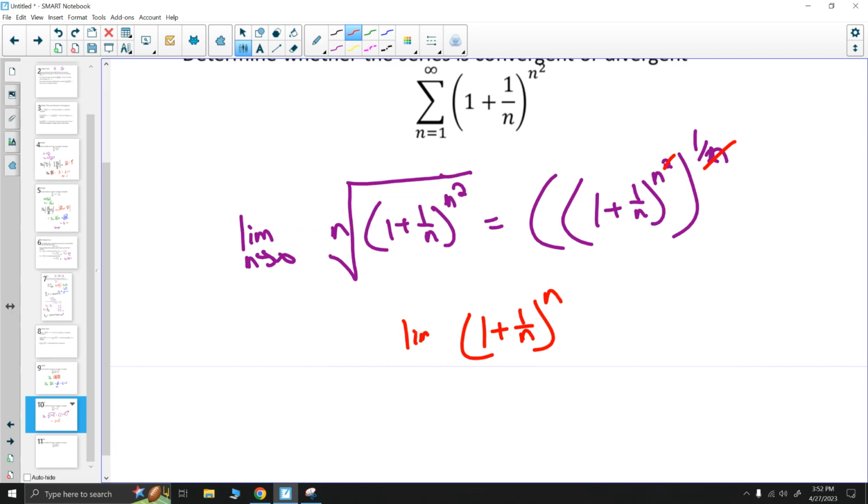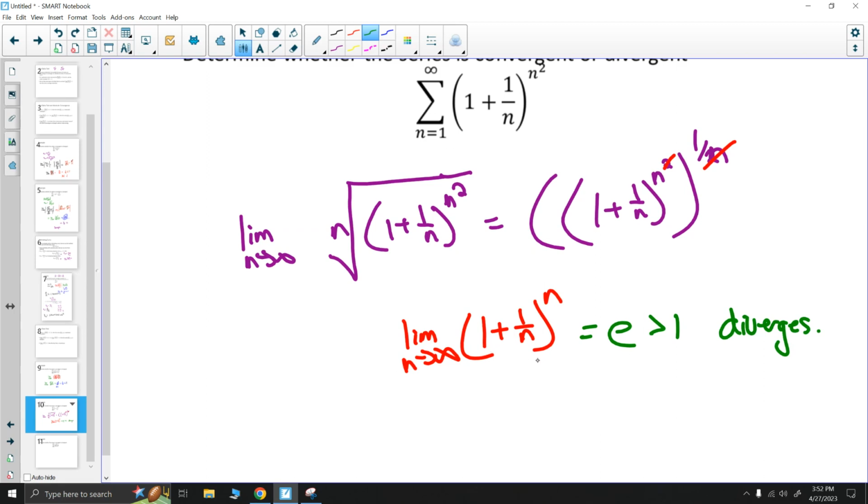And this is the limit as n approaches infinity. And you may think, oh no, we still have that n. Well, that's not really a big deal, because you may recognize this as we take this thing to infinity, that's e. e is greater than 1. So this diverges. Okay, so again, this is just one of those ones.